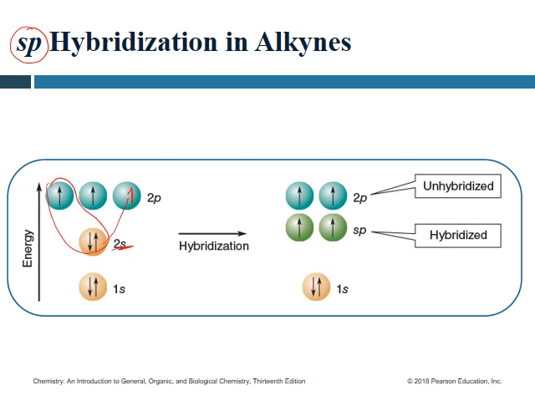That's the definition of sp. One s orbital and one p orbital mix together and form 2 hybridized orbitals, and the rest of the 2 p orbitals remain unhybridized. Then we'll see how this affects the structure of the alkyne molecule.